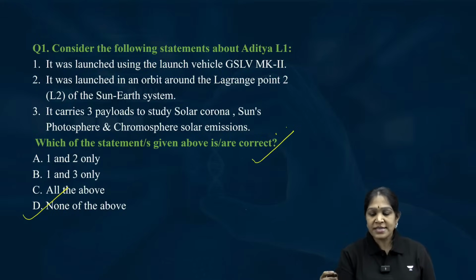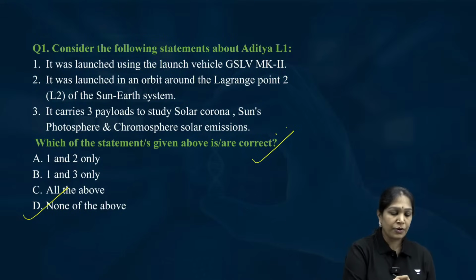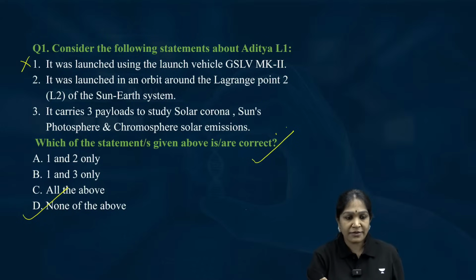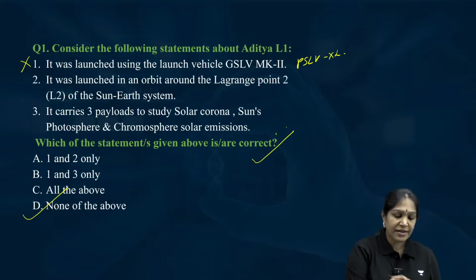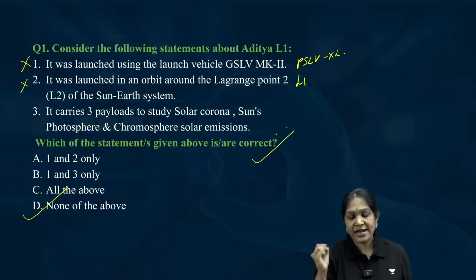It was launched using GSLV Mark II? No, wrong statement. It was launched using PSLV XL. It is launched in an orbit around Lagrange point number 2? No, wrong statement. It is launched at Lagrange point number 1.